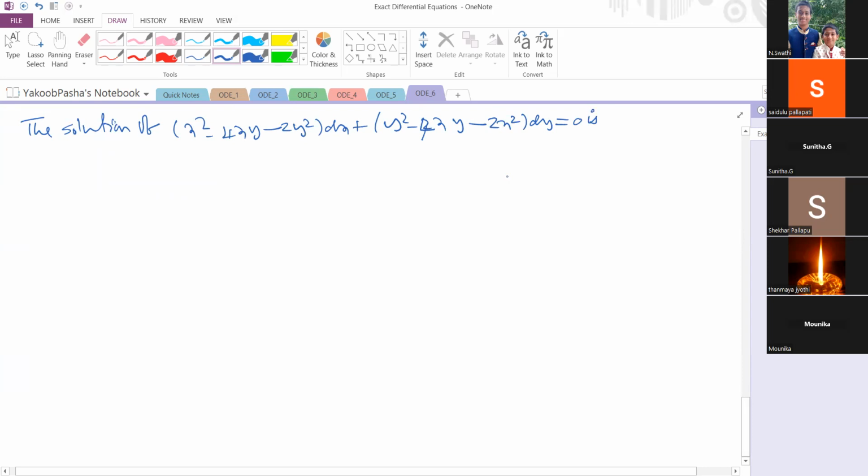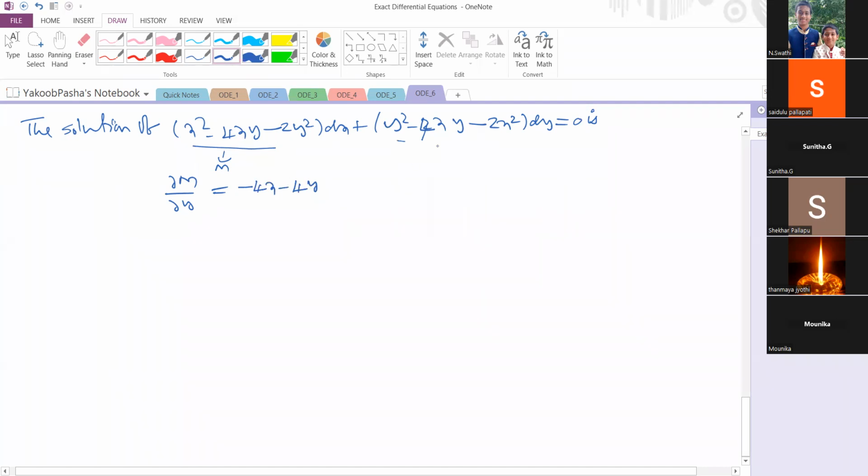Now we can write the M value. Directly we can write this is M. From this, we can find the dou M by dou y value. So dou M by dou y is equal to, we are doing partial differentiation with respect to y, so x square derivative 0, minus 4x, minus 4y.